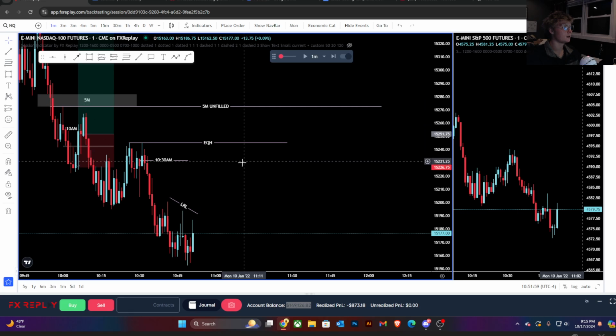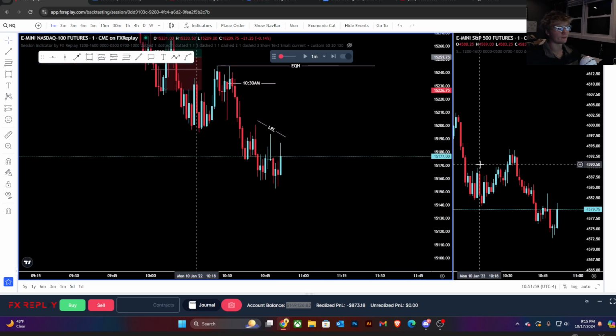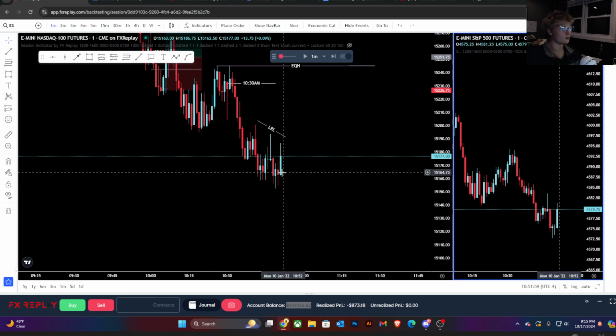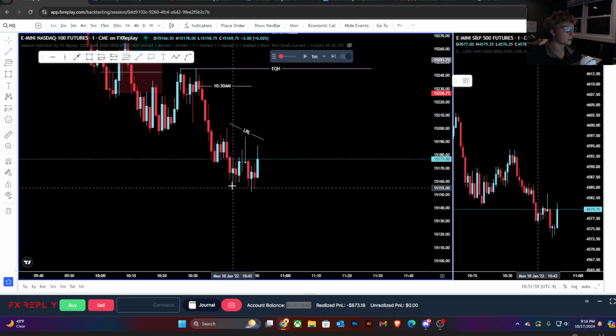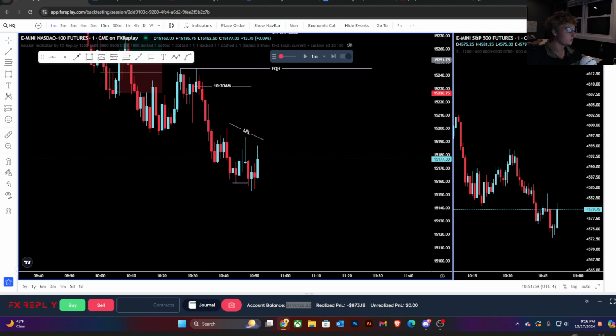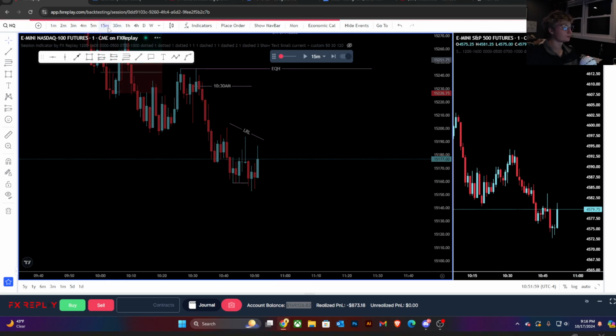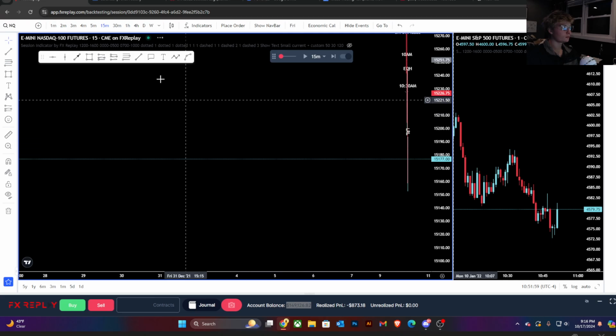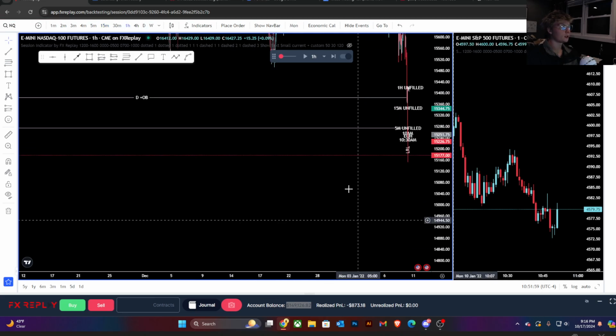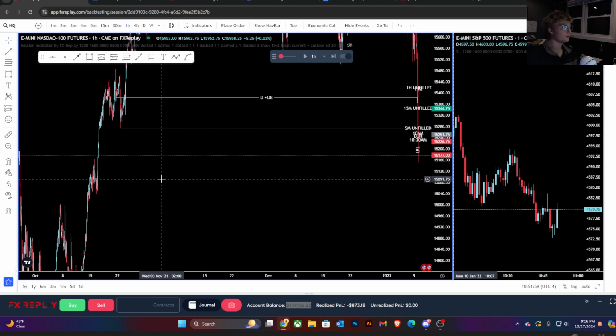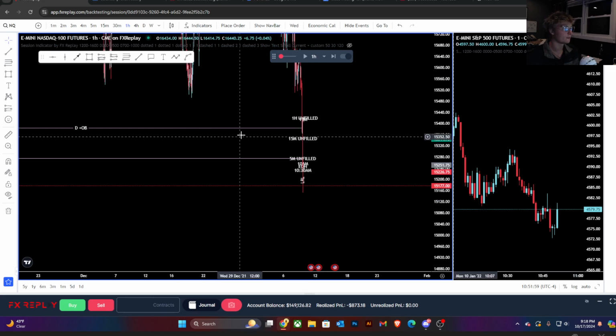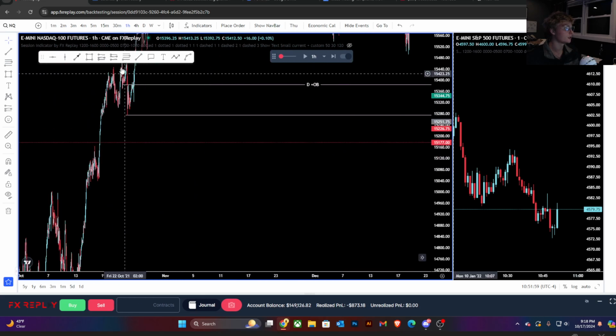But yeah, buy side looks super good here. Took out this sell side right here. The thing is though, we're not really delivering off of much. But yeah, not really delivering off of anything.